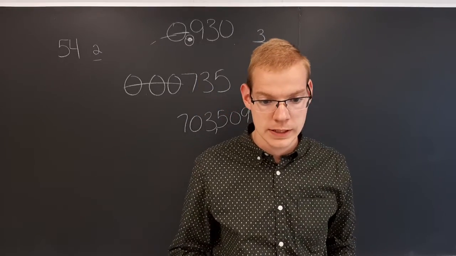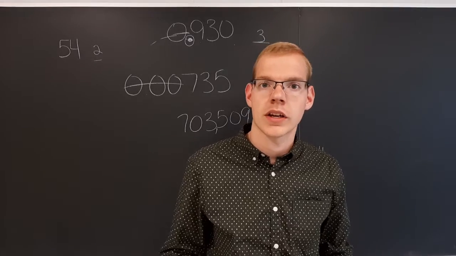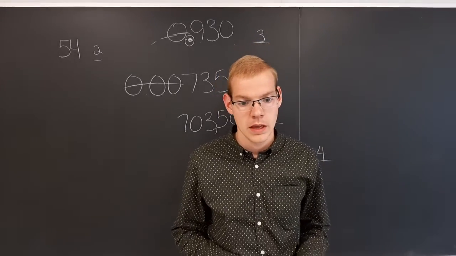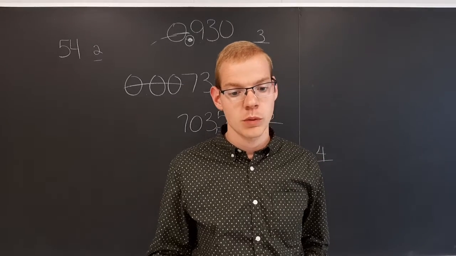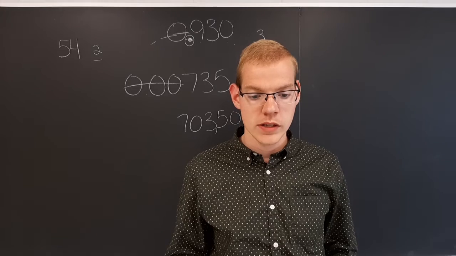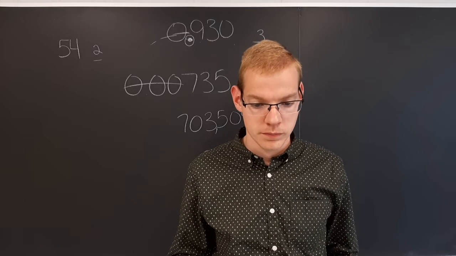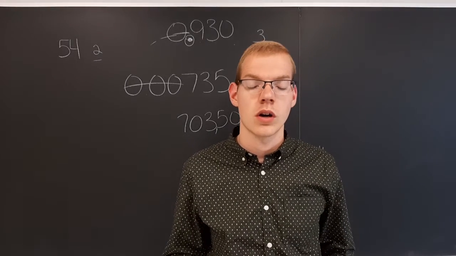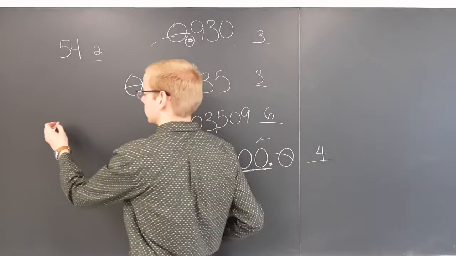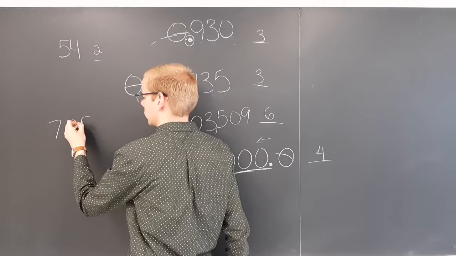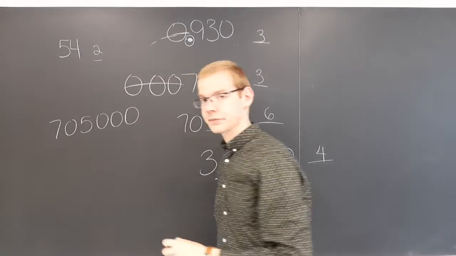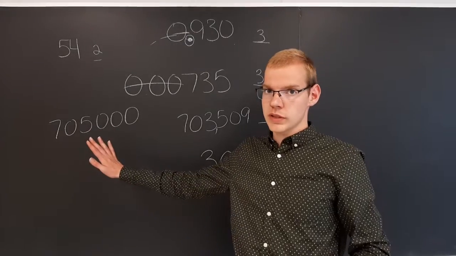Next, and the last rule, and then we're going to go over to number 2. In a number without a decimal point, zeros to the right of the non-zero digits are not significant. There's no decimals in here.